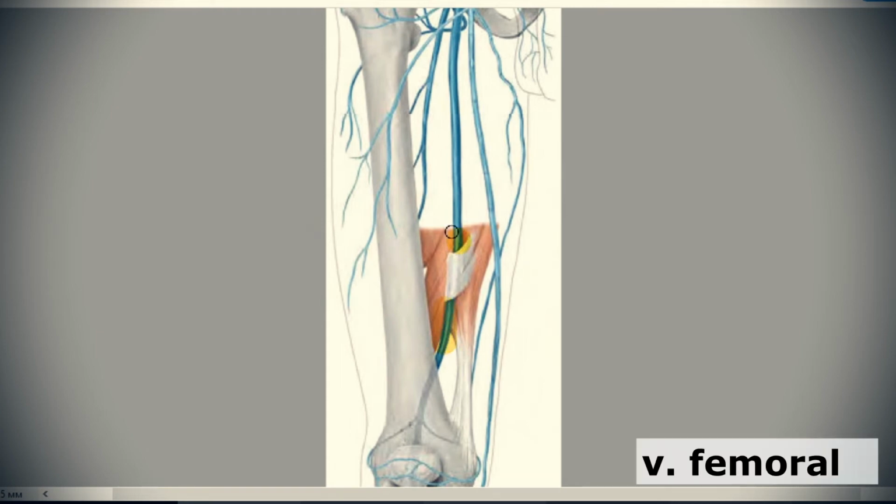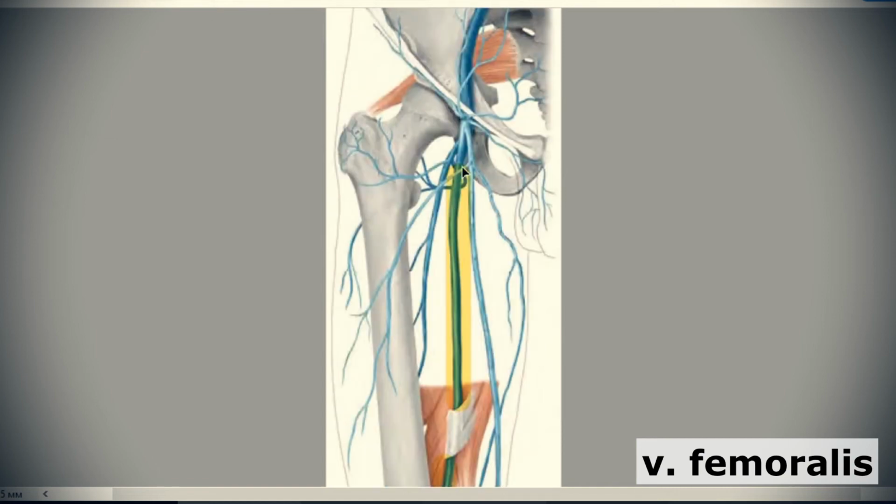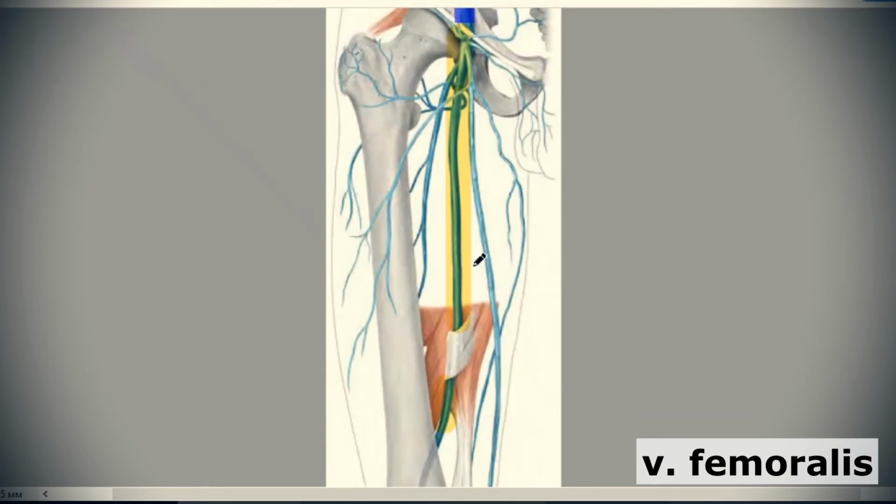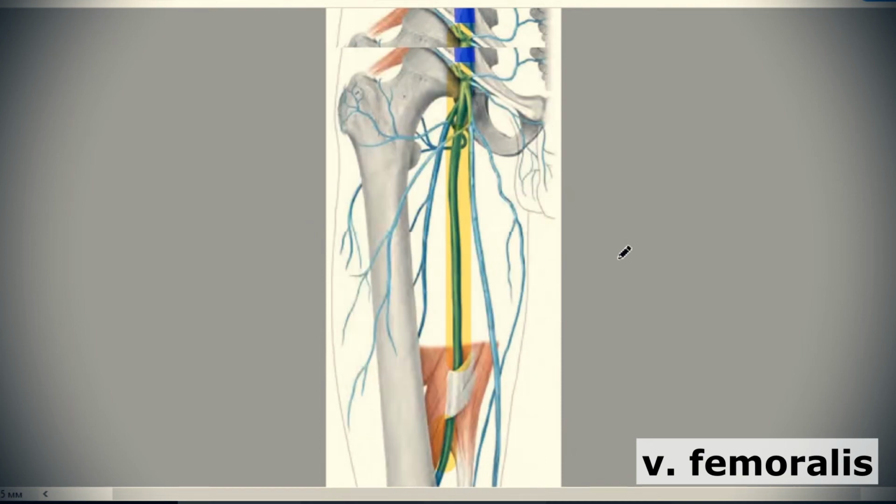So the femoral vein goes through canalis adductorius, goes up, and then vena femoralis goes through lacuna vasorum in the middle position from arteria femoralis and transforms into the vena iliaca externa. So vena femoralis has few tributaries, the same as the branches of the femoral artery.